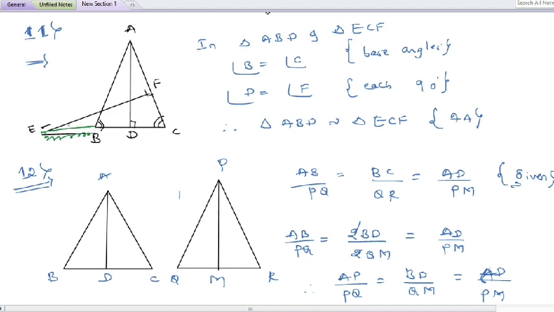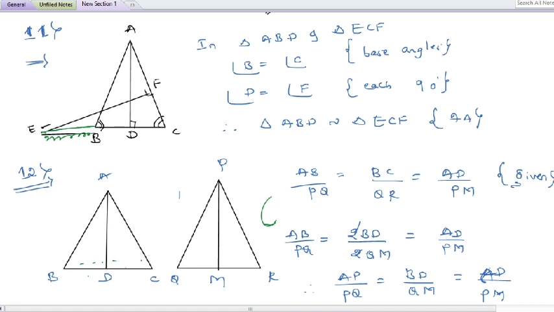Now, we can write AB by PQ as it is. BC can be written as BD plus DC, because here AD is the median.